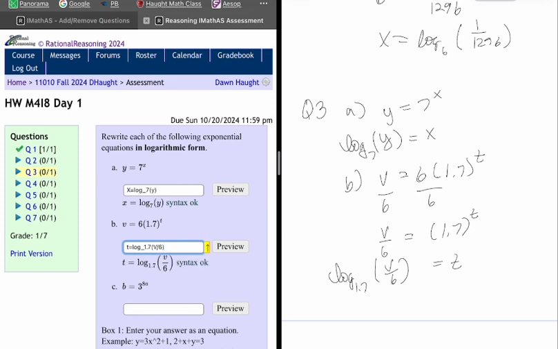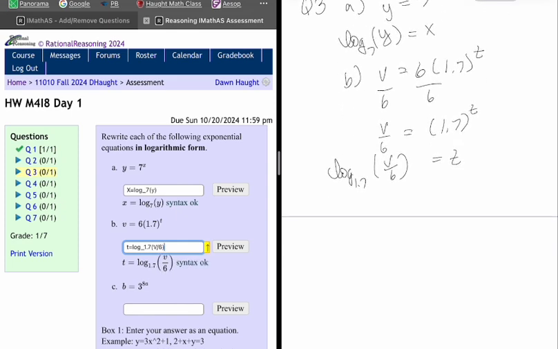Okay. And then C, there's some issues as well. So let's deal with the issues there. Well, there's not as many issues, but I think there's some. So let me show you. Our base is 3, our power is 8a. So the log base 3 of b should equal 8a. Now I think we can just write it like that, but if iMath argues with us, we may have to divide both sides by 8.